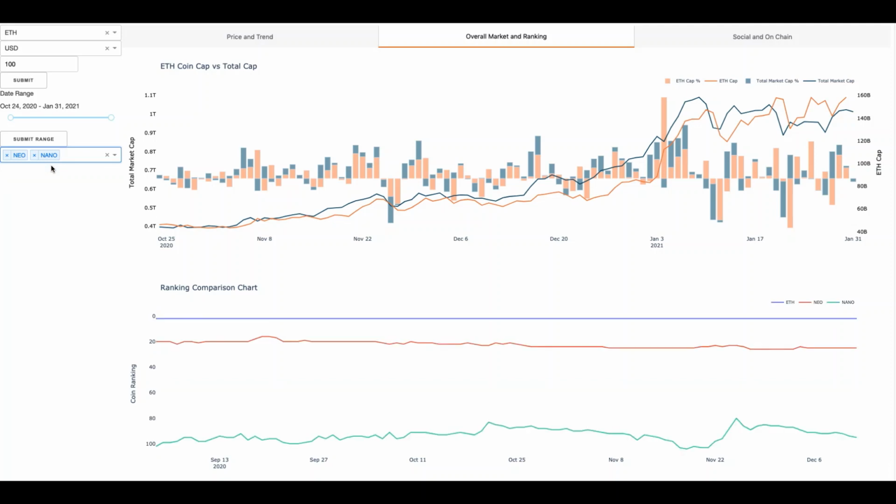So here we have Neo and Nano on top, and we can see how their ranking is changing over time. And this shows us if it is a trending coin or not. It is a good tool to compare similar coins racing for a higher ranking in the market basically.